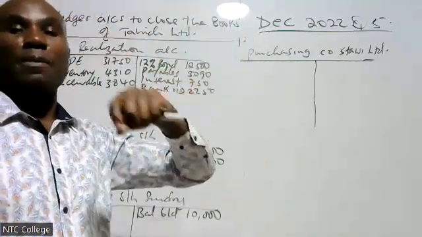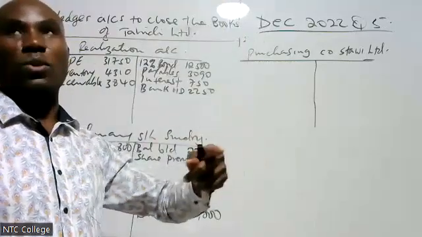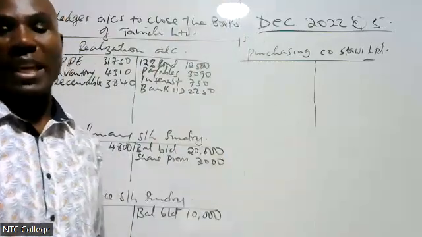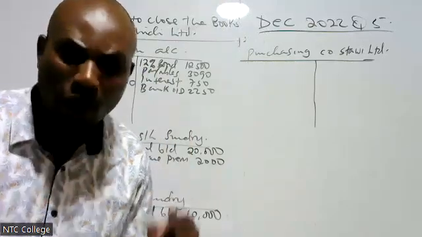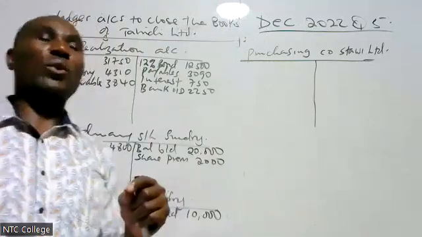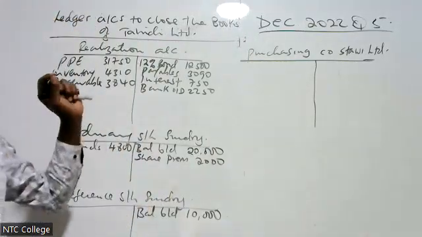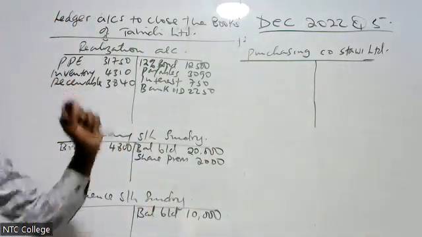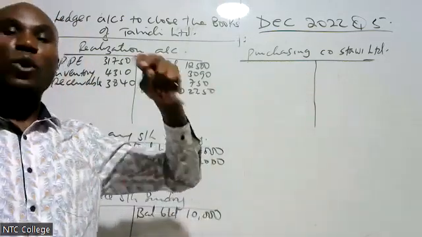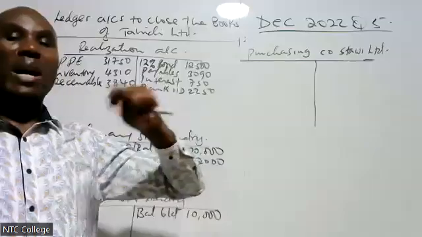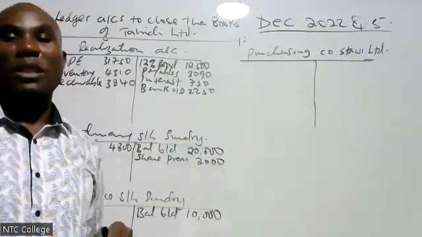Note number 8 was with the compensation made to the shareholders of the selling company. With the compensation made to the shareholders of the selling company, what do we do? We are going to debit shareholder, we credit purchasing company, note number 8. Therefore, note number 4 and note number 8 will go hand in hand.